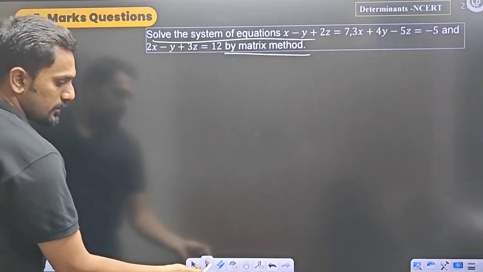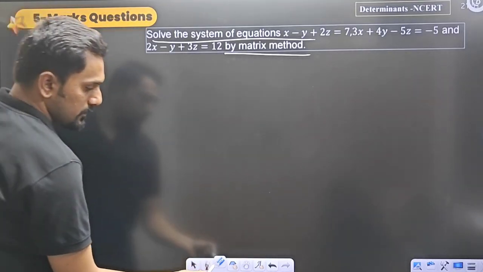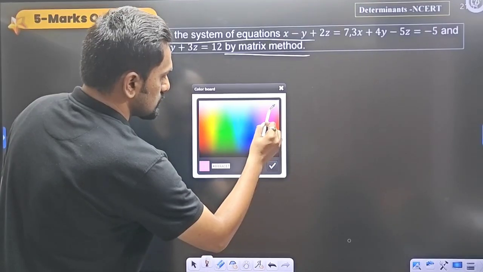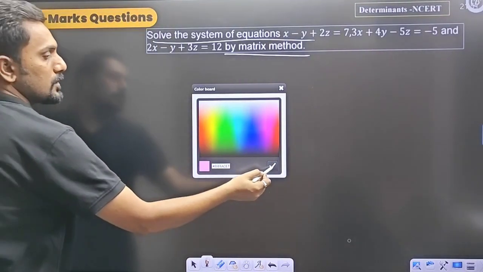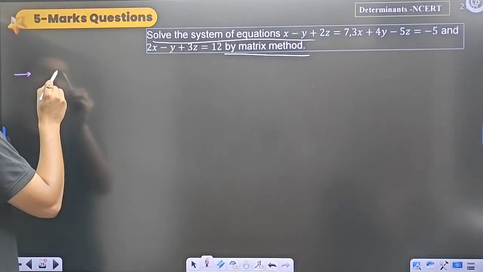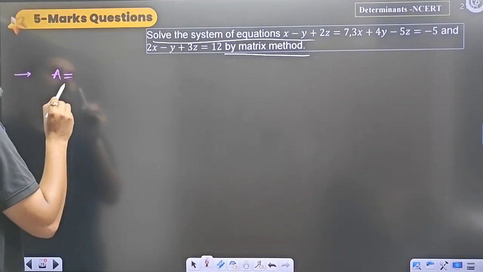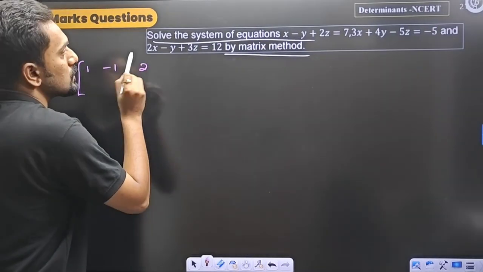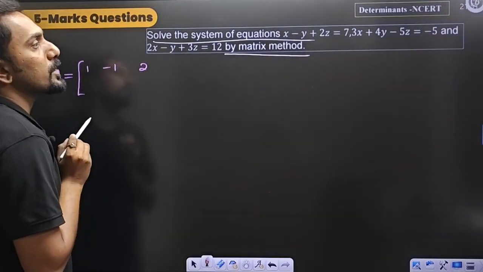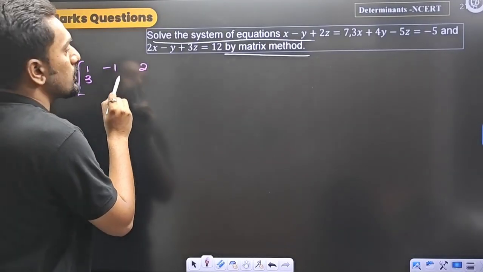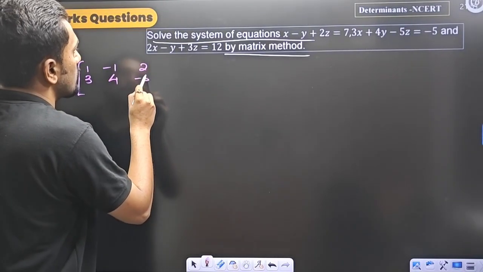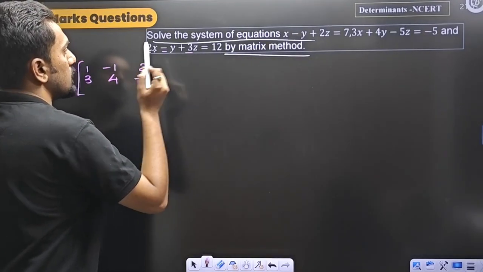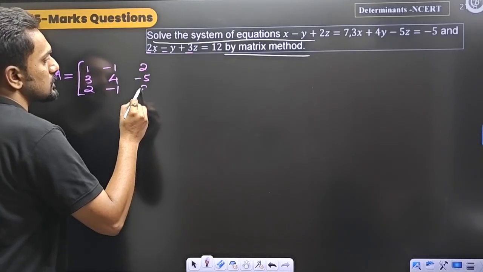A is equal to, so what is A? 1 minus 1 2, and the second row is 3 4 minus 5, and the third row, coefficients of x, is 2 minus 1 3.